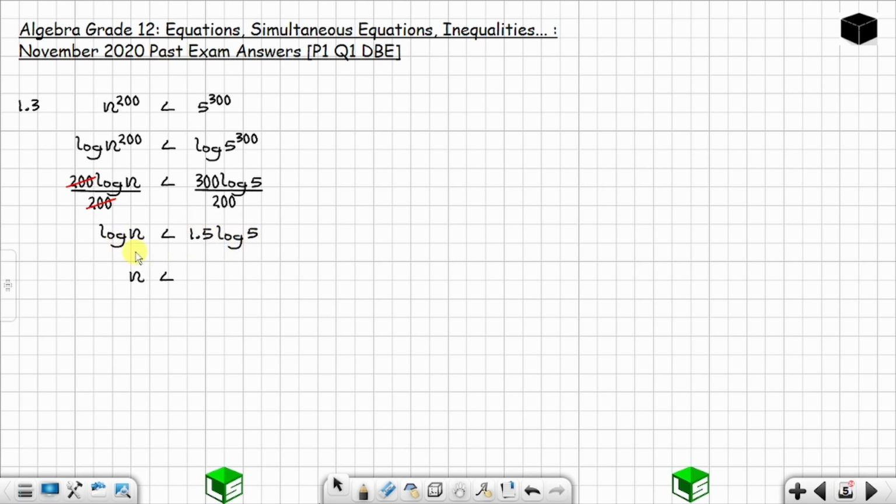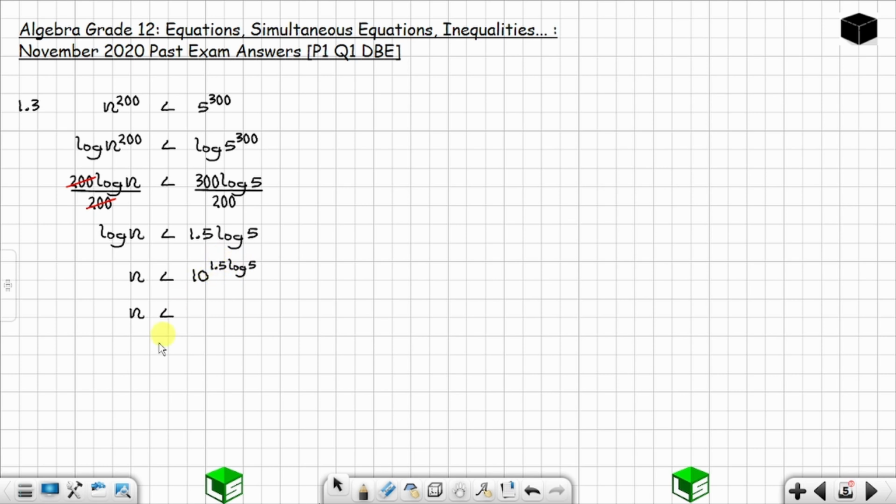So the base is 10, and you have 10 to the power of everything there, which is 1.5 log of 5. And so you have n less than this. Take this and plug it in your calculator.